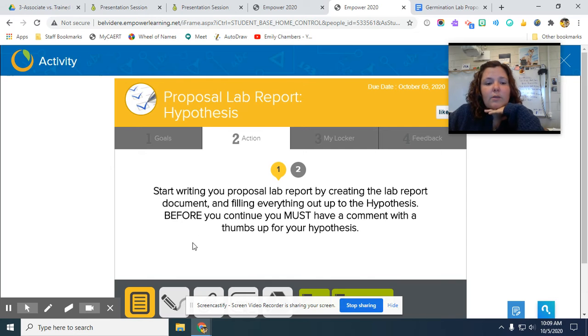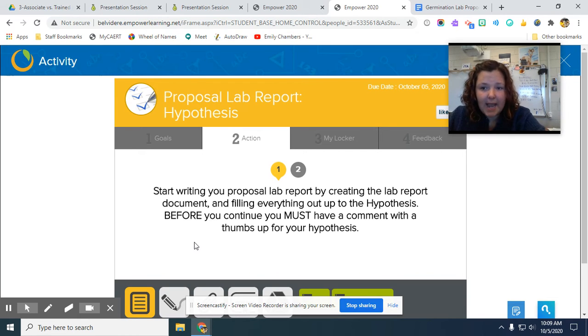Start writing your proposal lab report by creating the lab report document and filling out everything up to the hypothesis. Everything past the hypothesis, you're not going to fill out. Don't fill out procedures, materials, results table, conclusion. Don't fill any of that out. You're only filling out up to the hypothesis, okay? Before you continue, you must have a comment with a thumbs up for the hypothesis.